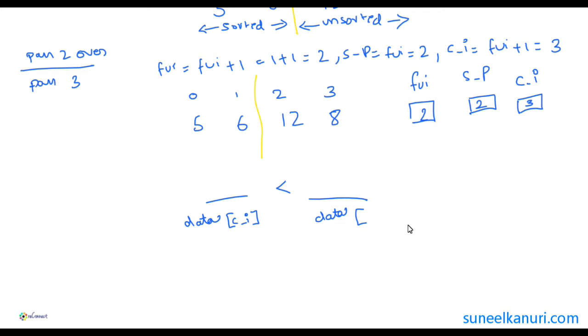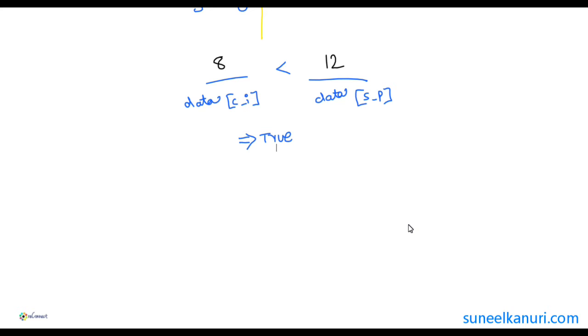If it is less than the data that is being pointed by our assumed index of the next smallest position. And if we write that down, we know C_I is pointing to position 3 that has a value of 8, and S_P is pointing to position 2, which has a value of 12, and of course 8 is less than 12. This means, alright, so it's true.